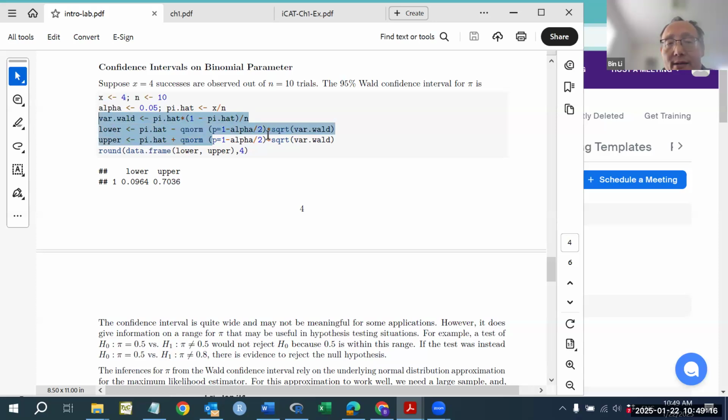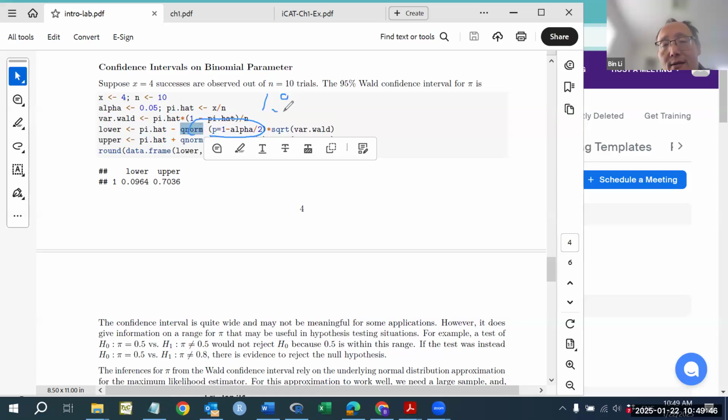So we can do that by hand. Here by hand means I can also do that in R. That's the pi hat, our point estimate, which is X over N, that's 0.4, plus or minus qnorm of 1 minus alpha divided by 2. What is qnorm? This will be 1.96.